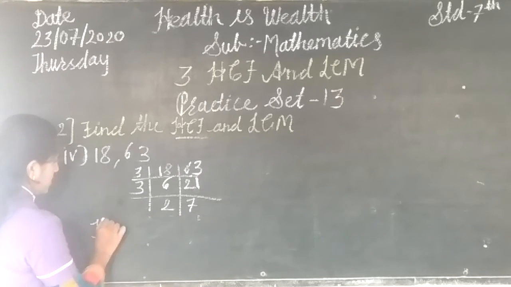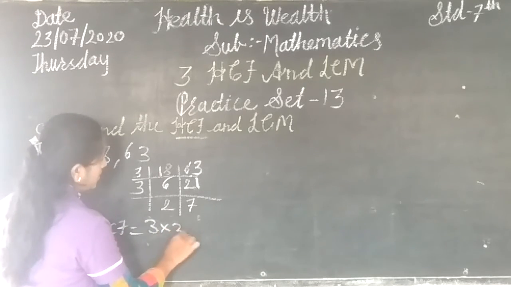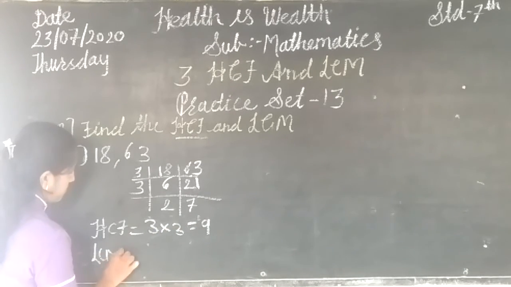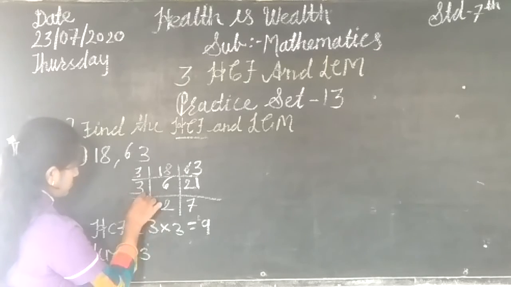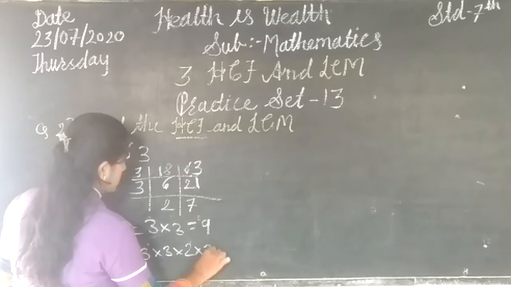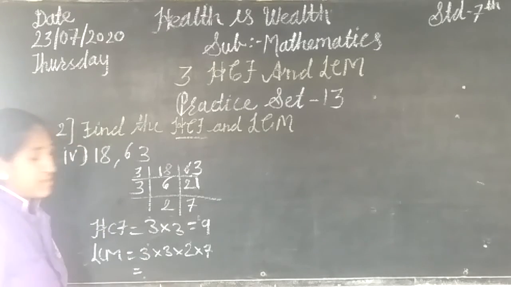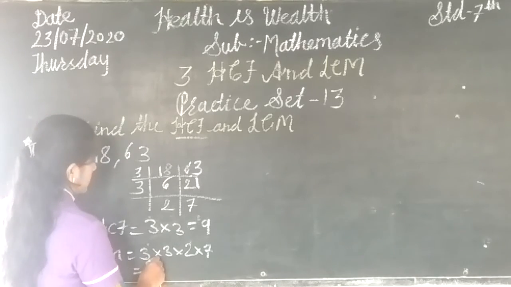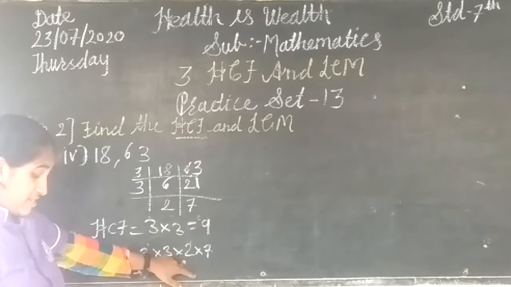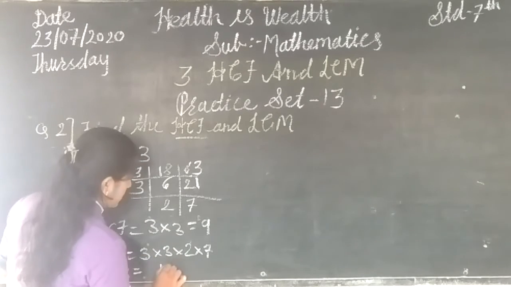Then HCF, which are the common numbers? 3 into 3, that is 9, and LCM is 3 into 3 into 2 into 7. What will be the answer? 3 3s are 9, 9 2s are 18, and 18 7s are 126.